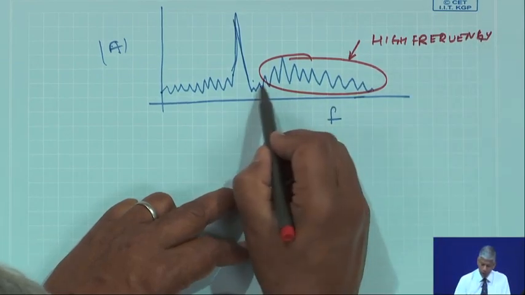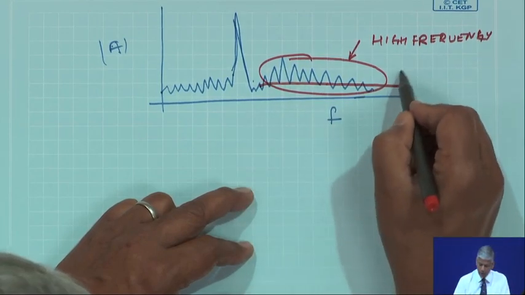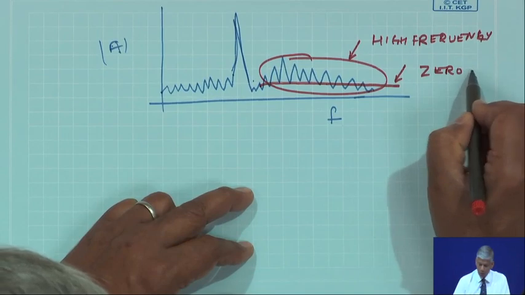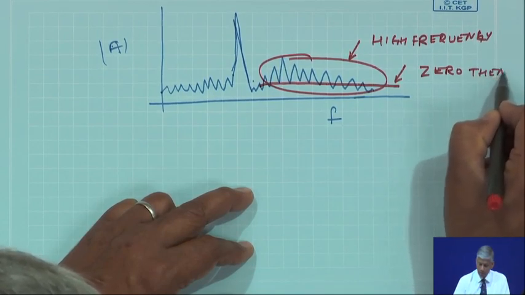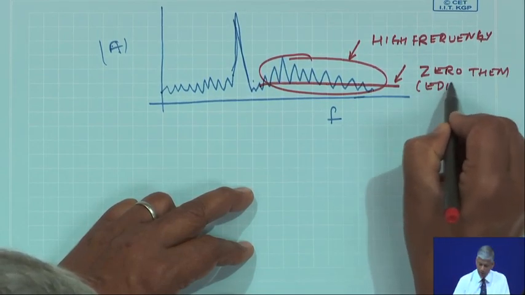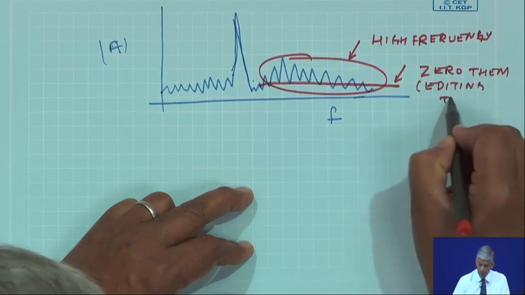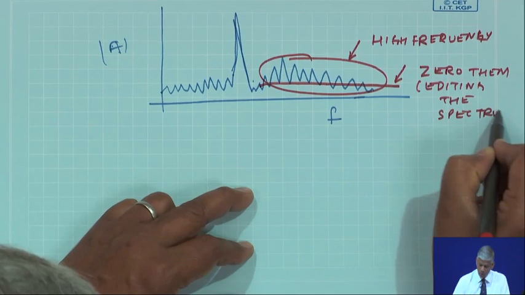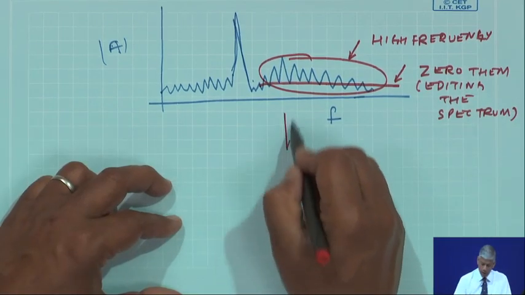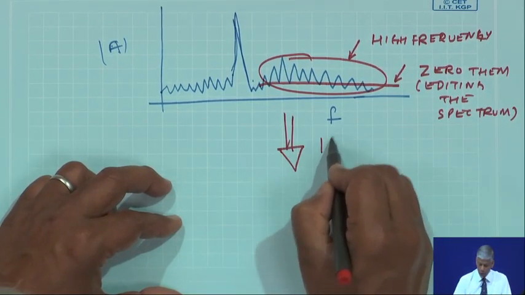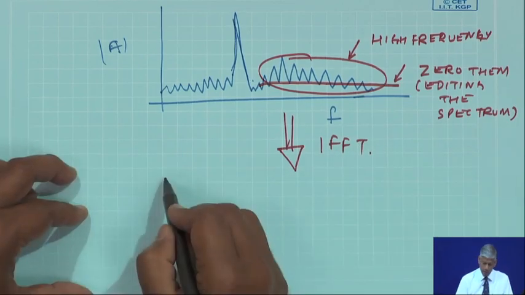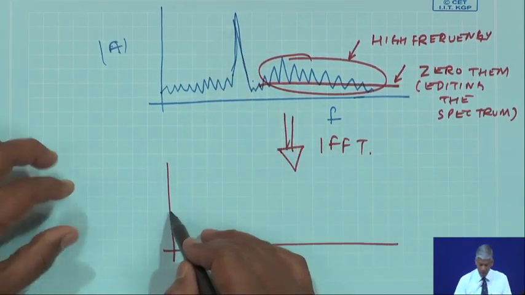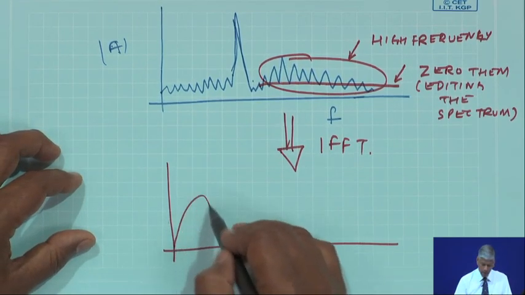So, if I artificially zero them by editing the spectrum, and then if I do an inverse Fourier transform, which you all know by now, I will get back, when this is a single frequency, maybe I will get back my signal.